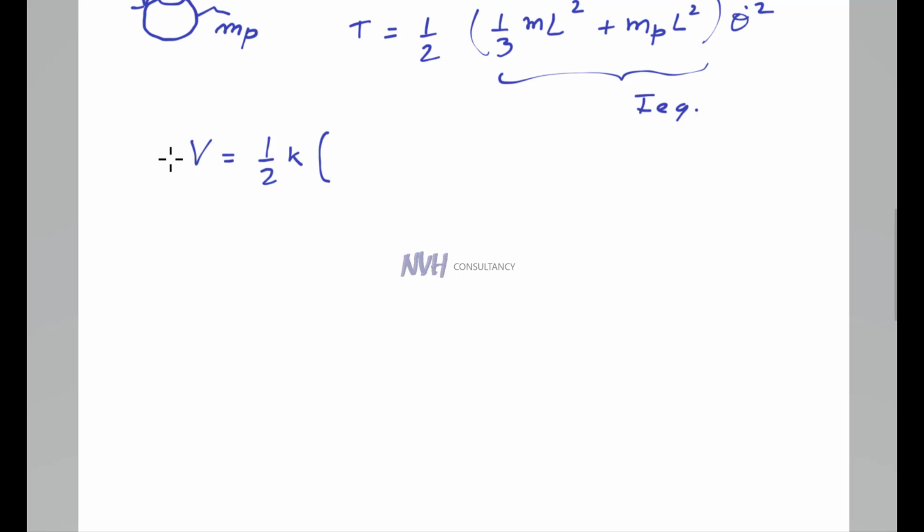The spring is attached about 2/3 of the length, so x will be equal to 2/3 of the length times theta, square, plus the mgh value of the mass of this slender rod. So the mass will act at L by 2 times the height, or the datum will be L by 2 times 1 minus cosine theta.